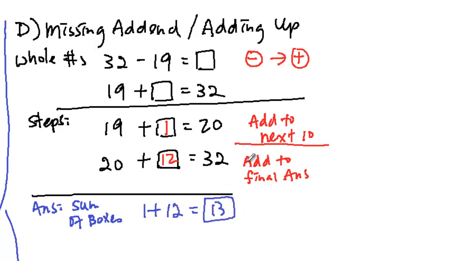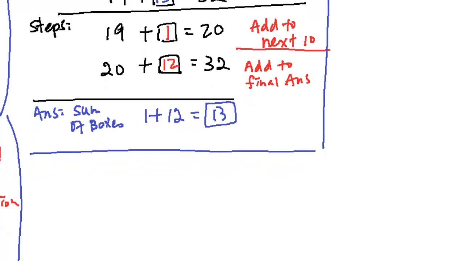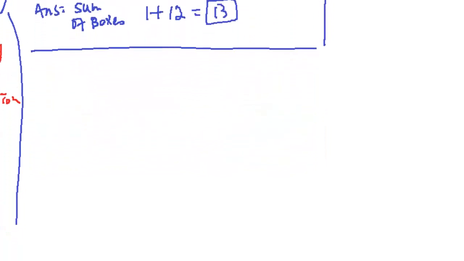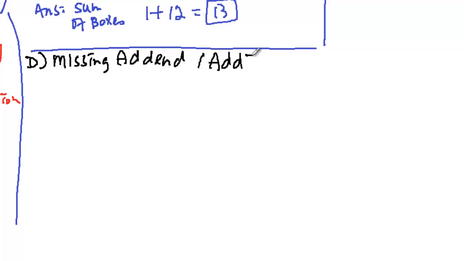And so 32 minus 19 is 13, and 19 plus 13 is 32. This is the missing addend for whole numbers, and we're using the same concept to show you missing addend, or adding up, for fractions.